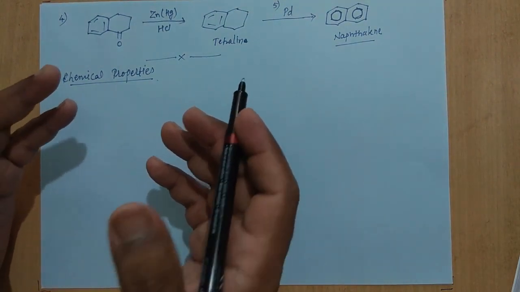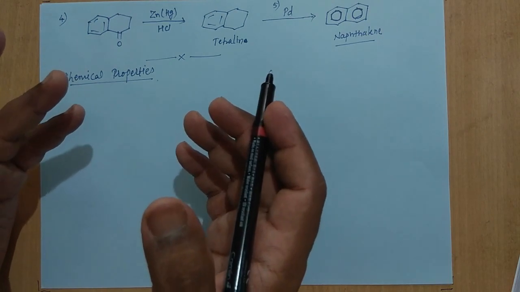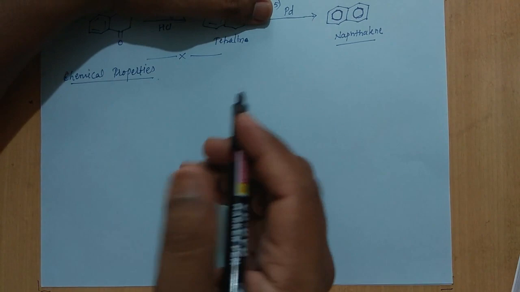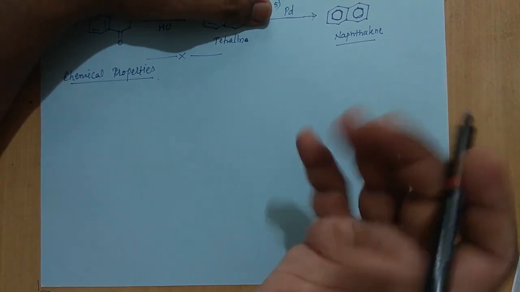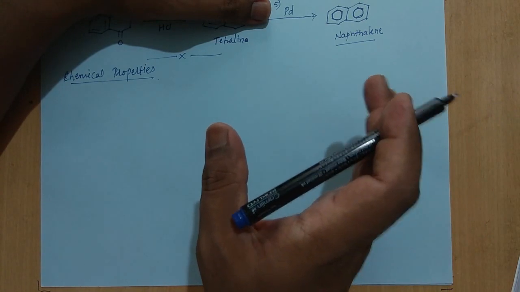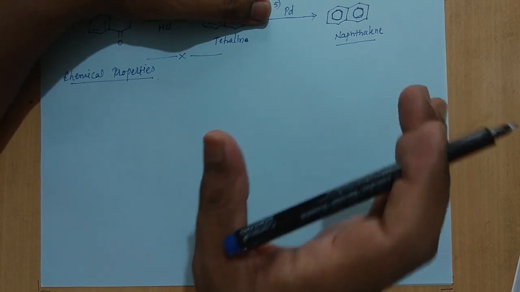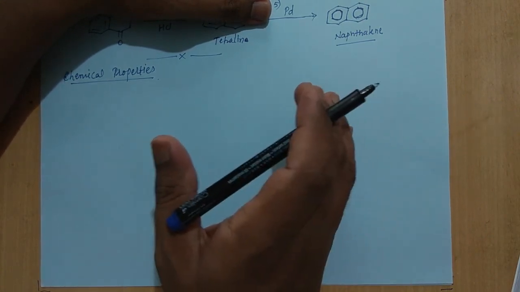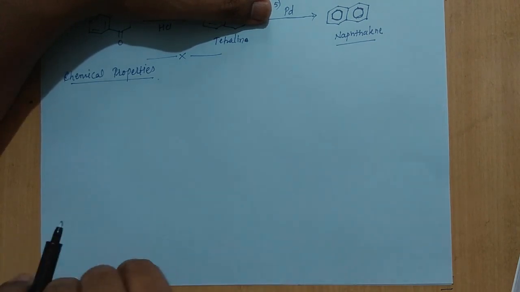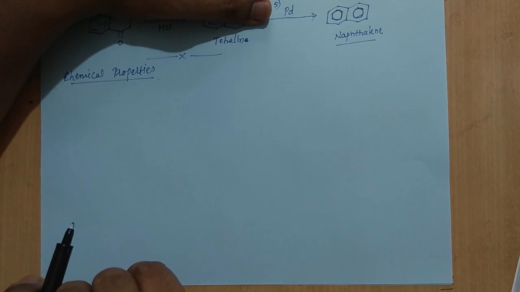Okay, so it will show electrophilic substitution reaction. Why? Because it will attract electrophiles, the electron deficient species. Now the attack will take place at which position of naphthalene? That is part of our discussion. We need to understand that.